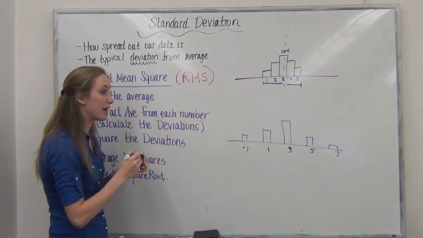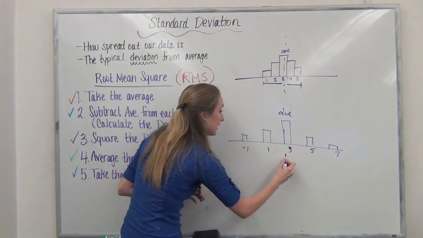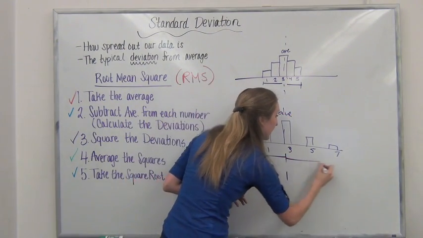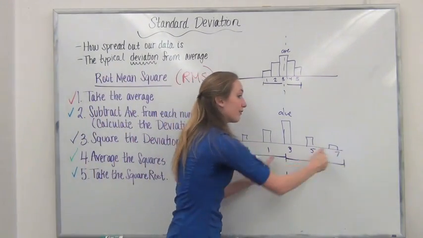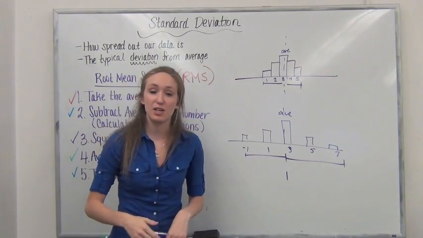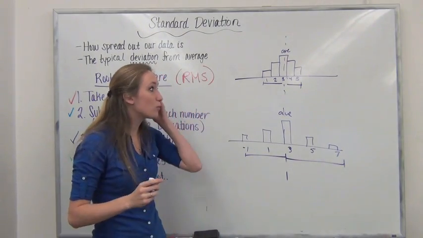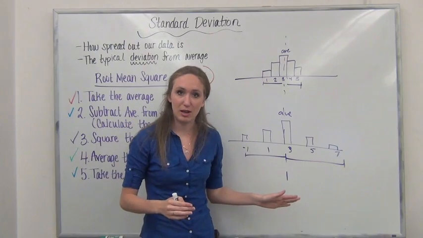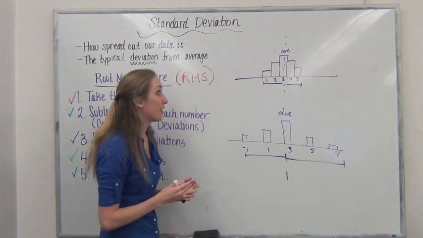Now this is much more spread out. Here is my average still at 3, but you can see that the histogram is a wider width, and the numbers are deviating further from the average. Numbers on the list are both a lot larger and a lot smaller than our average. So that's really what the standard deviation is used to measure: how wide our histogram is, how spread out the numbers are on our histogram.